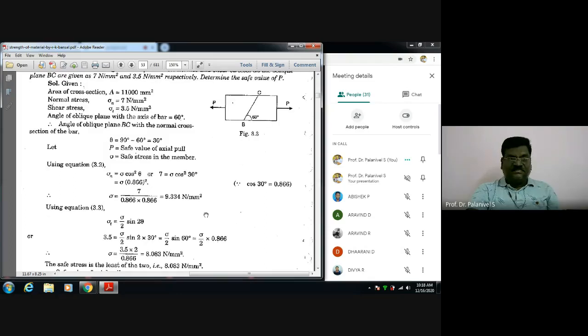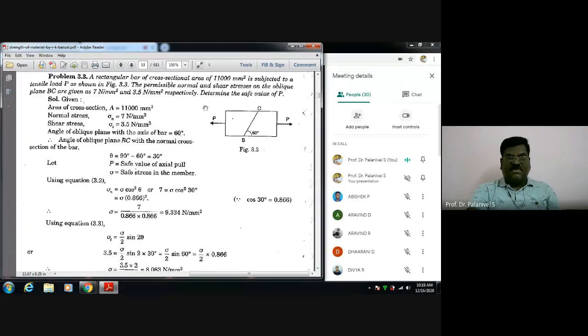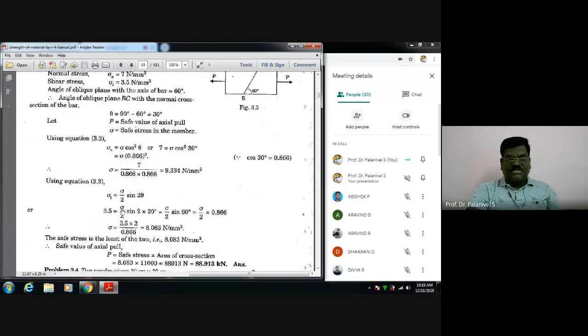And then using equation 3.3, shear stress equal to sigma by 2 sin 2 theta. The shear stress should not exceed 3.5. So substitute 3.5 equal to sigma by 2 sin 2 theta with 30 degree. From this, the sigma is once again computed, right? Out of these 2 sigma values, you have to take the least one.